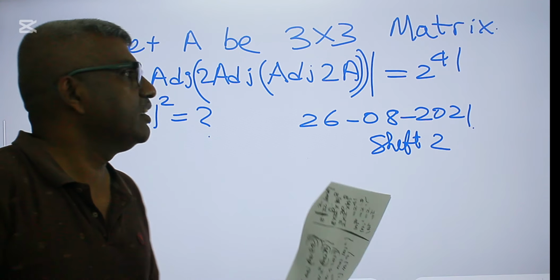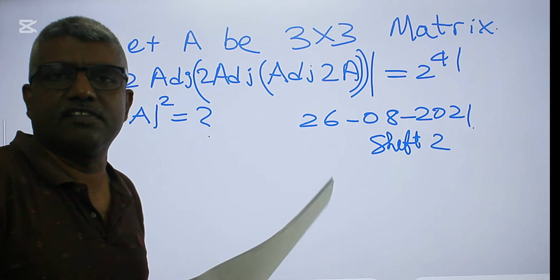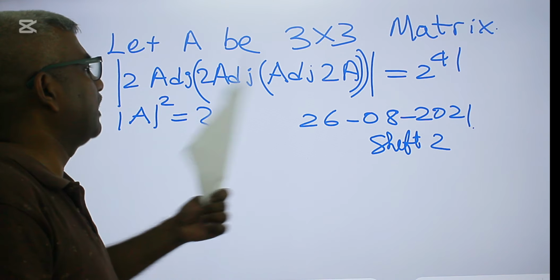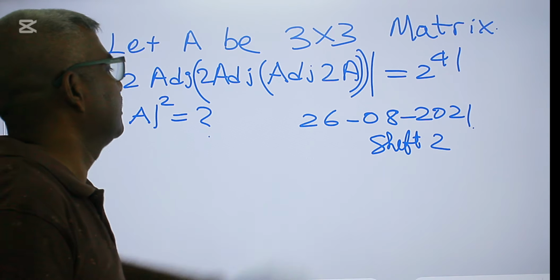Adjoint of CA means if you take the scalar quantity out of the adjoint, it will be C power n minus 1, where n is the order.